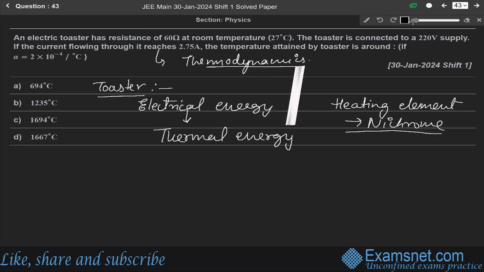In this electric toaster, the electricity flows through the filaments, which give out heat due to the high resistance. So the electric toaster has a very high resistance.